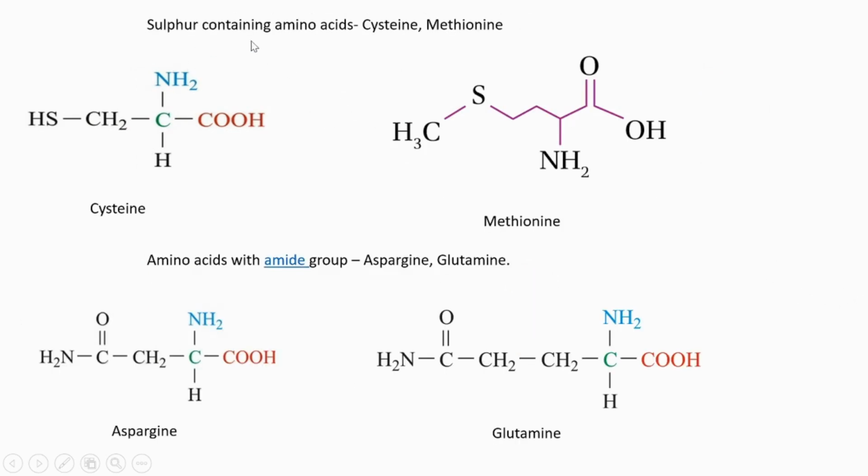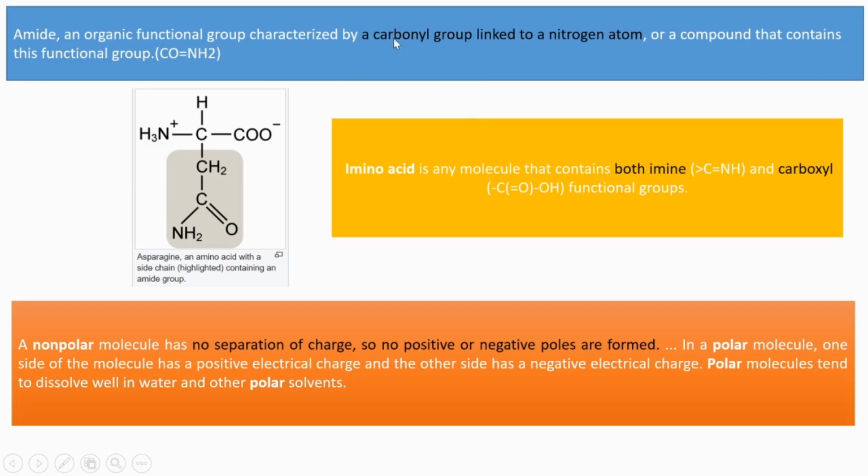Next, sulfur containing amino acid. That means in its structure it possesses some sulfur group. Examples are cysteine and methionine. And next, another subclassification, that is amino acids with amide group. Amide group means, I will explain to you. Amide means it is having a carbonyl group, and it is linked to a nitrogen atom.